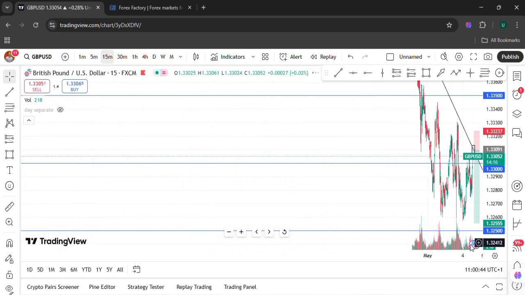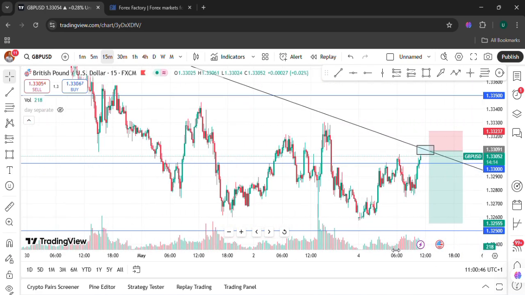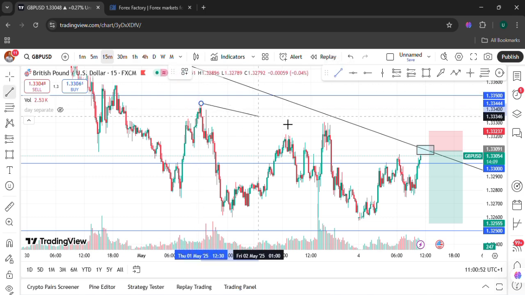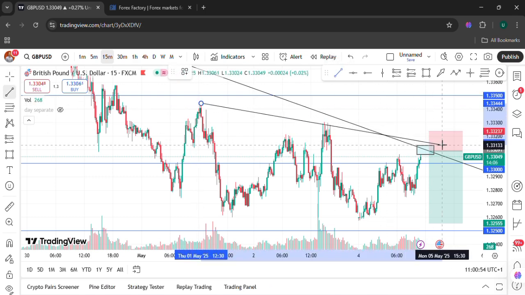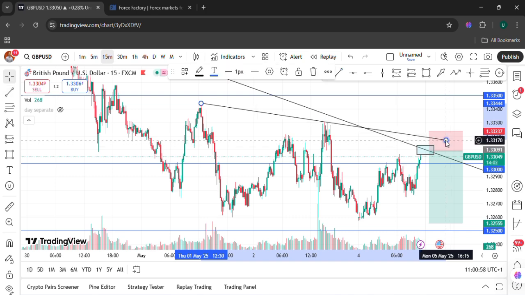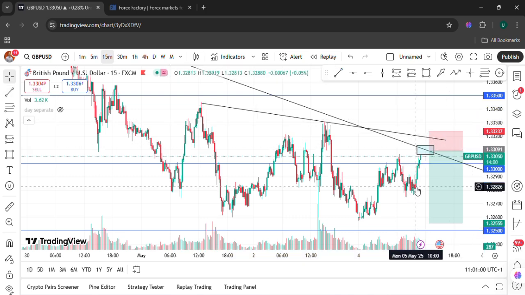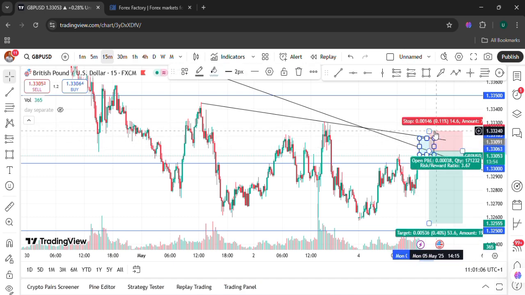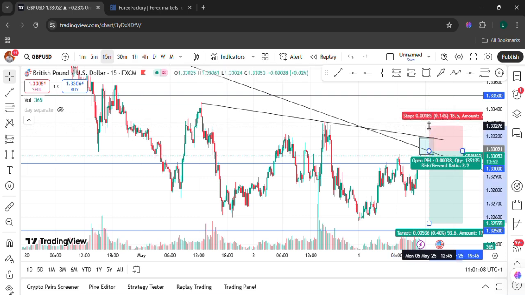Let's wait a bit. This is a valid trend line also here, from here to here. So we can see this move reach up to here before it goes down. That's why our stop loss should be above here.